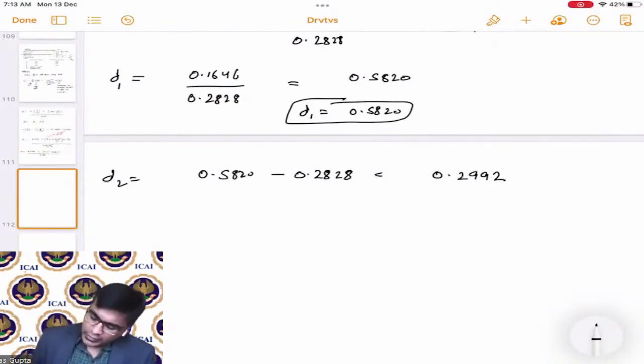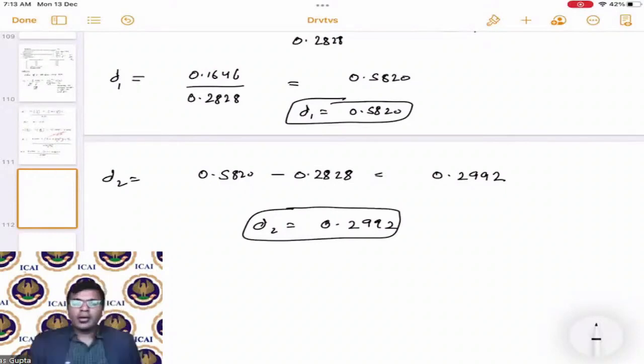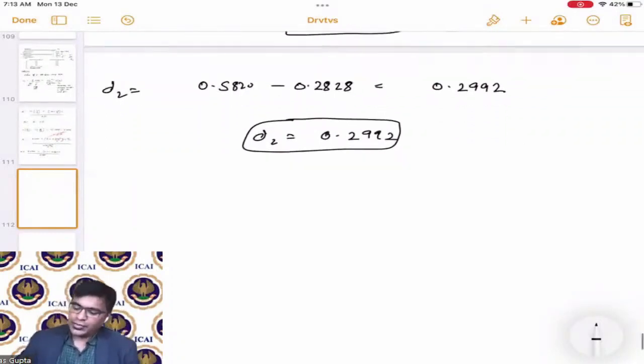So the D2 value is 0.2992. So D1 is 0.5820, D2 is 0.2992.